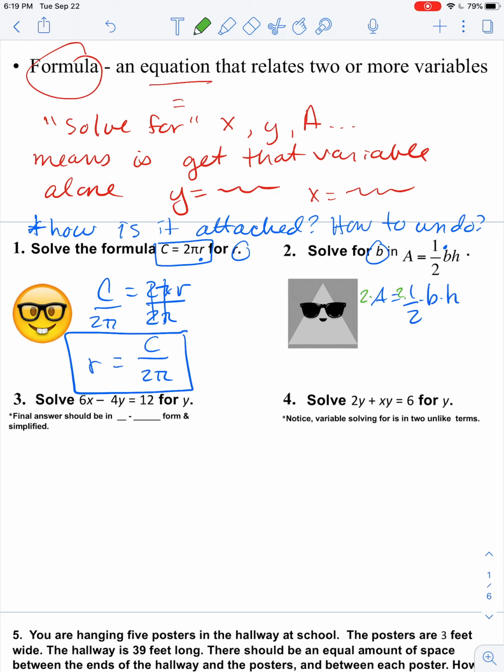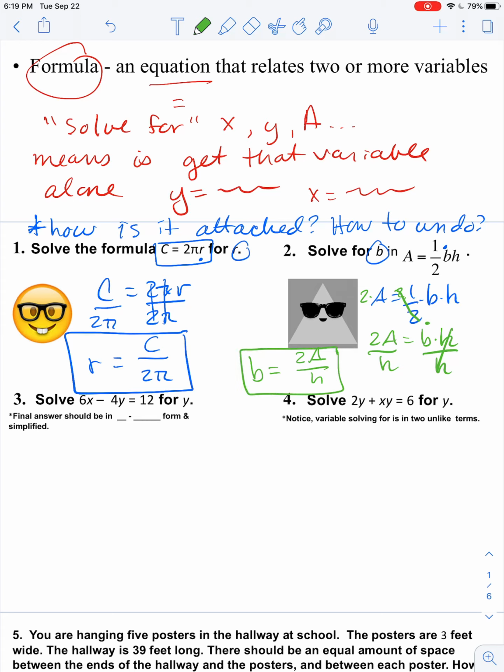So I'm going to multiply this side by 2 and this side by 2. That's gone. So at this stage, I have 2a equals b times h. I'm still trying to get b alone. So since h is attached through multiplication, I would detach it with the opposite action, which is dividing. So my final rearrangement or answer is that b will equal 2 times a over h.